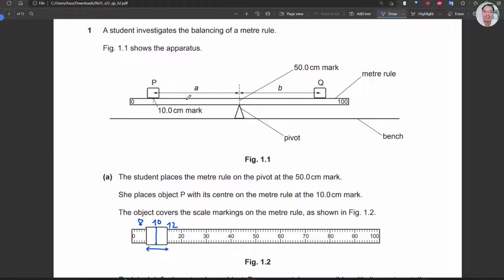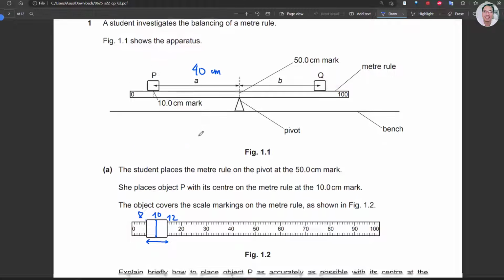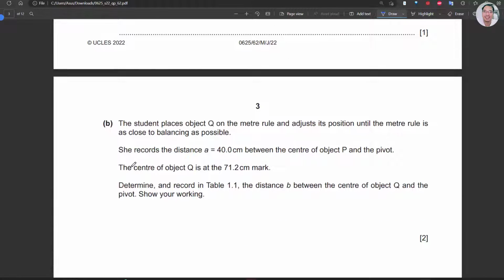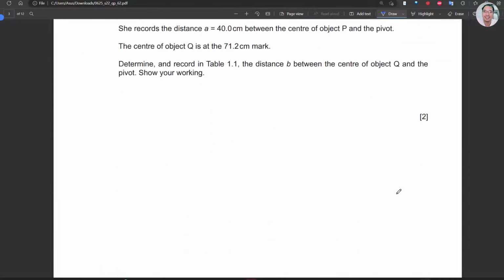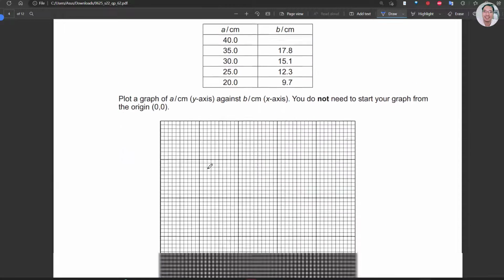Okay, this is A, 40 centimeter. The center of the object Q at the 71.2 mark. Determine and record in the table the distance B between the center of the object Q and the pivot. Determine B. Show your working.